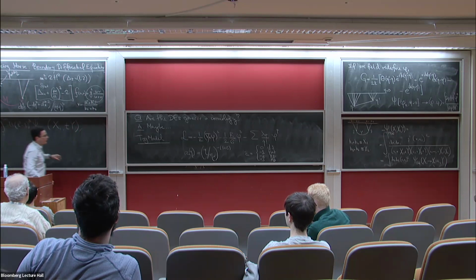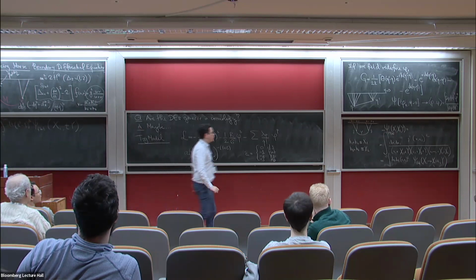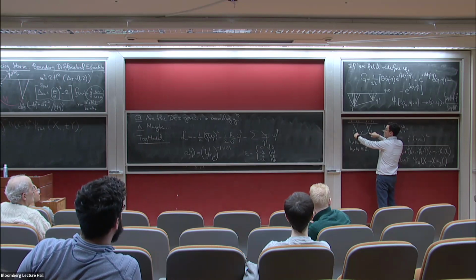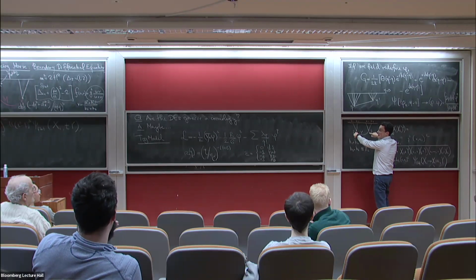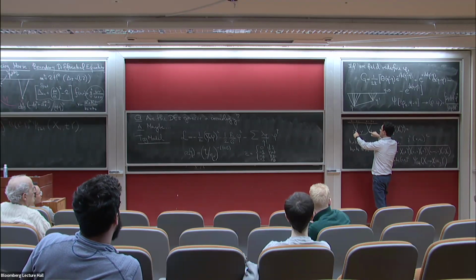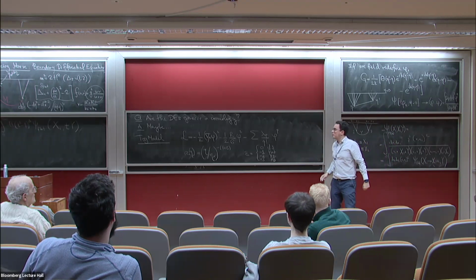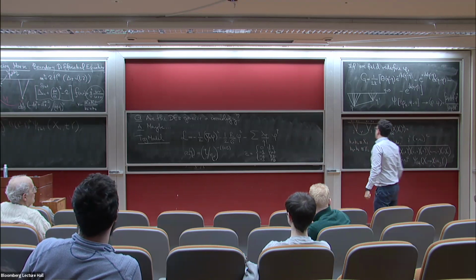What this does is it changes this propagator of a conformally coupled or massless field for the propagator of a non-particle, or in other words, the CFT operator, scalar CFT operator of dimension delta. Okay, so that's a simple deformation you can do.